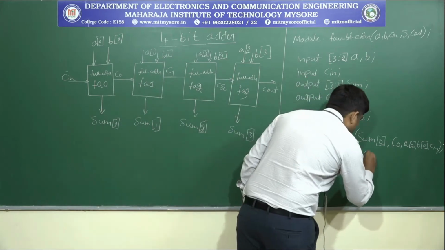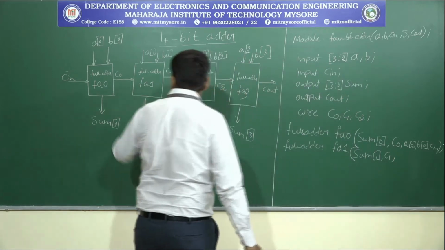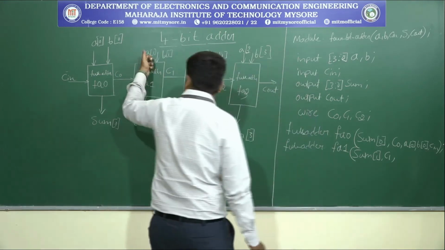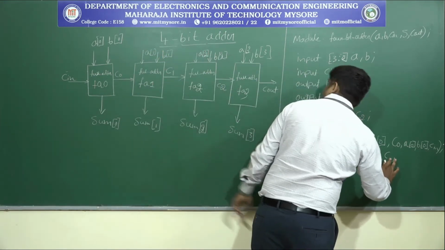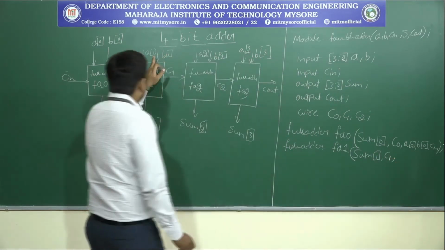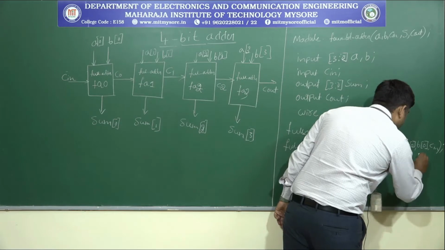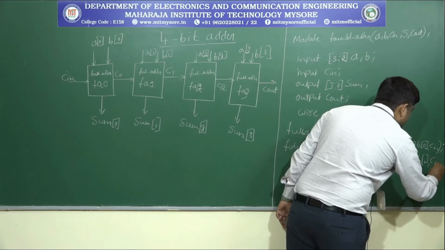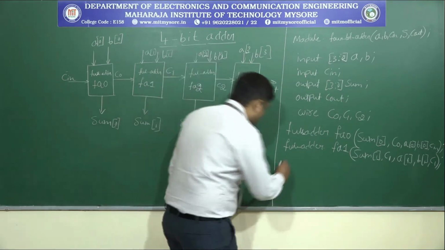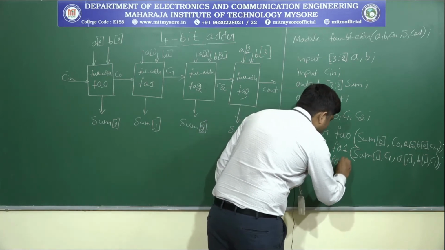Then what are the inputs? A of 1, B of 1, then C0. So A of 1, B of 1, C0. That is the instantiation of the second block.